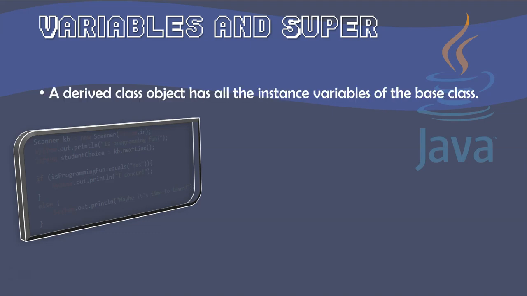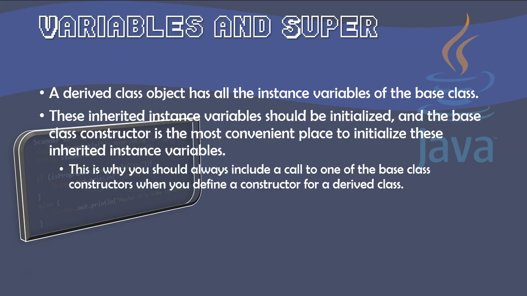So a derived class has all the instance variables of the base class. For example, employee has name and it has a hire date. These are things that exist strictly within employee. They don't necessarily exist within hourly employee, but the nice thing is, because it's derived, it pulls that information. These instance variables are inherited and should be initialized.